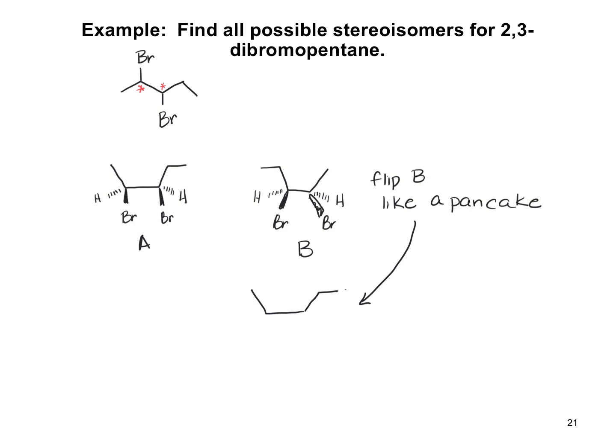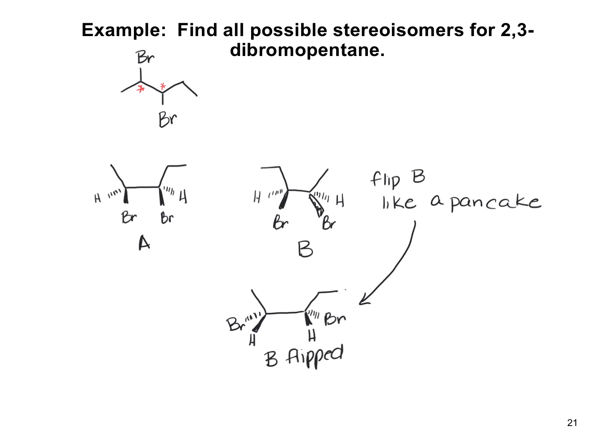And so now everything that was a dash is now a wedge. And so when we look at this, that means the hydrogen here is going to be on that solid wedge. The bromine is going to be on the dash. That hydrogen is going to be on the wedge. And that bromine is going to be on the dash. Okay, so this is B flipped.